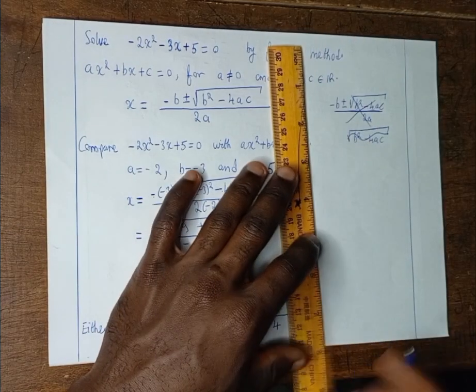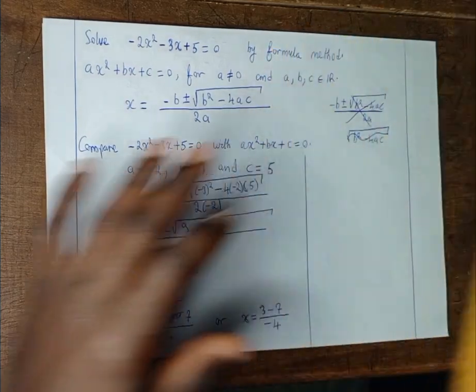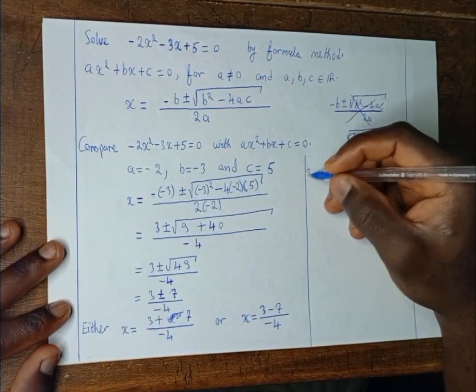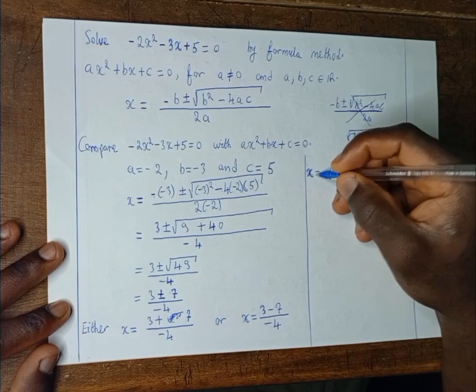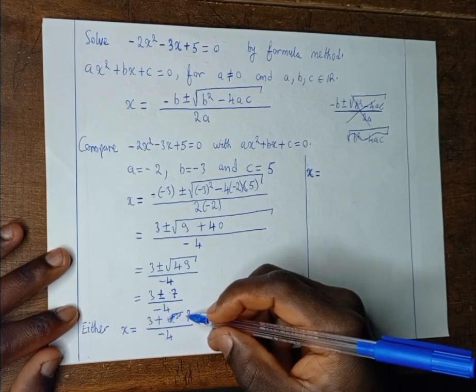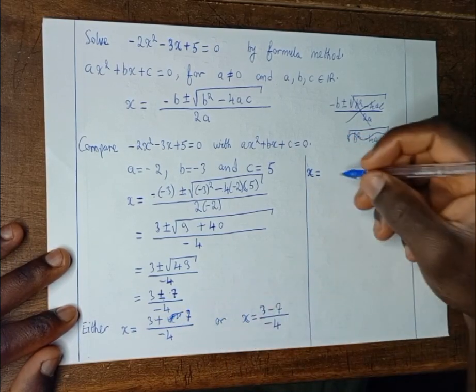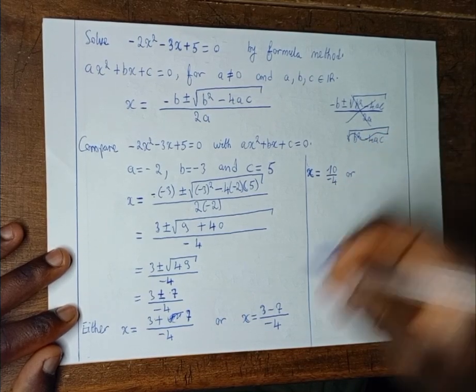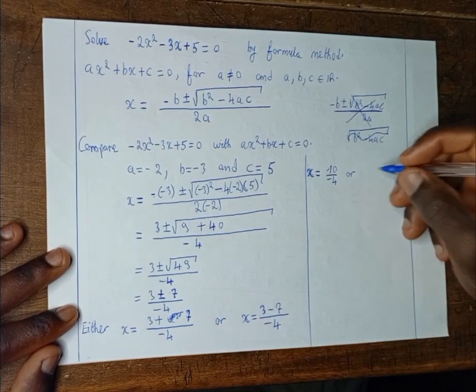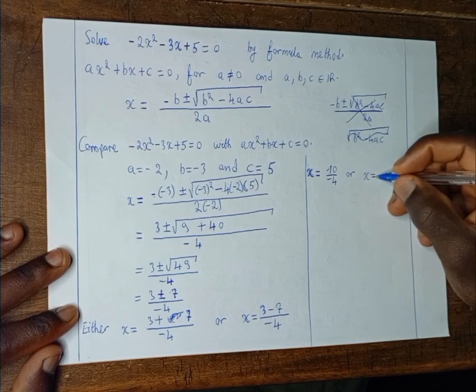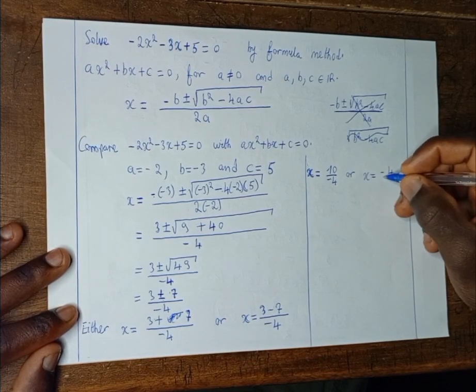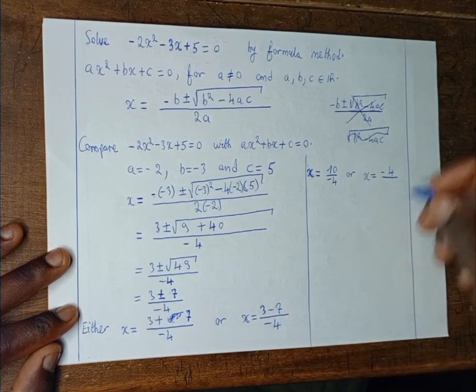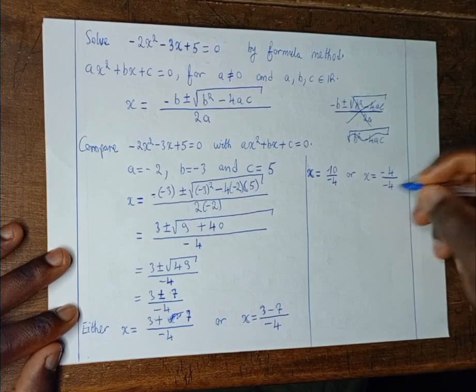Let's continue by the side here. The first one will give us x to be equal to, we know 3 plus 7 gives us 10, 10 over negative 4, or if you take 3 minus 7, it gives us, in this case, x to be equal to negative 4 all over negative 4.